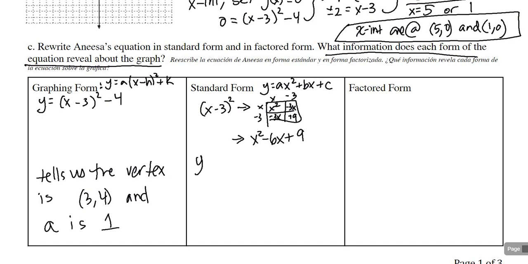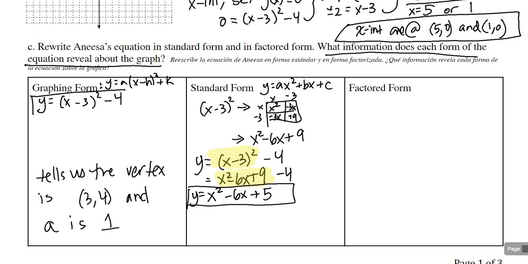So originally I had y equals (x minus 3) squared minus 4. Now I can rewrite that as x squared minus 6x plus 9, which is what (x minus 3) squared equals. And then from that, I subtract my 4, and I end up with y equals x squared minus 6x plus 5.